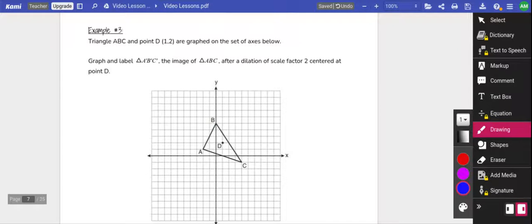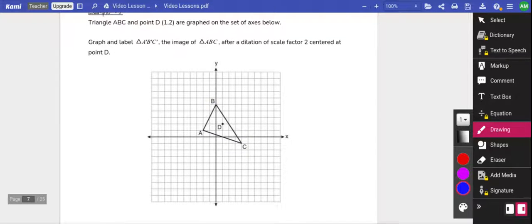Let's look at this next question. Triangle ABC and point D are graphed on the set of axes below. We're going to graph, label, and state A prime, B prime, C prime, which is the image of ABC after a dilation with a scale factor 2 centered at point D. So this time, my center is not the origin. In fact, it's not even a point on my shape.